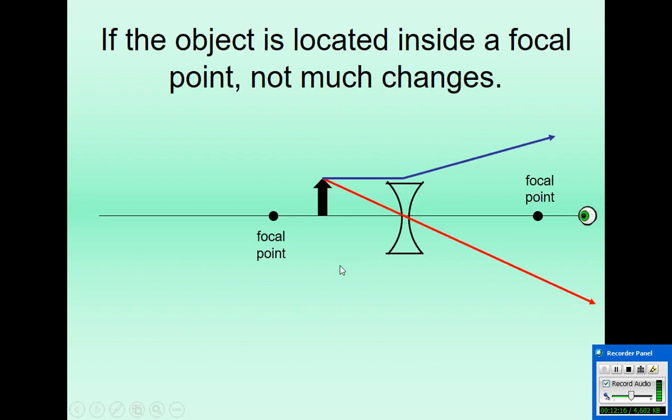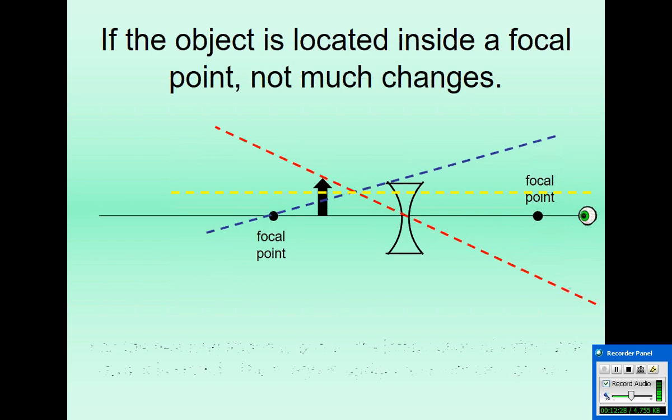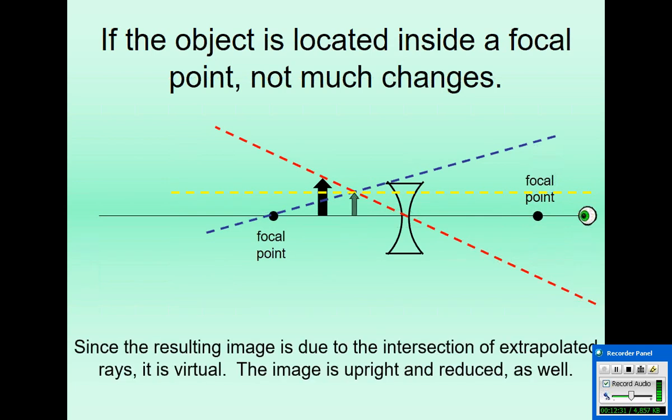And then the final ray aims for the focal point on the far side, but then refracts parallel to the baseline. These rays are diverging from each other, so we're going to have to extrapolate them backwards. And we see once again the image is still upright, the image is still virtual, the image is still reduced in size.